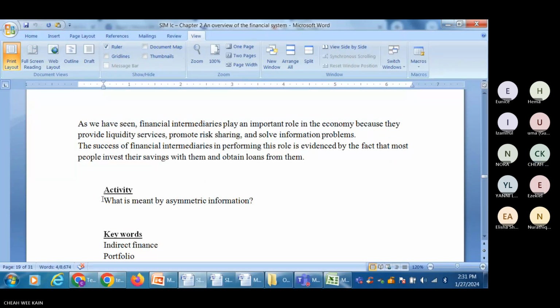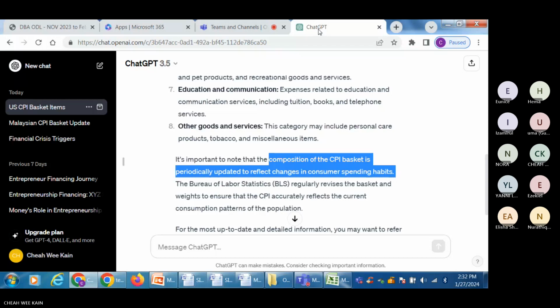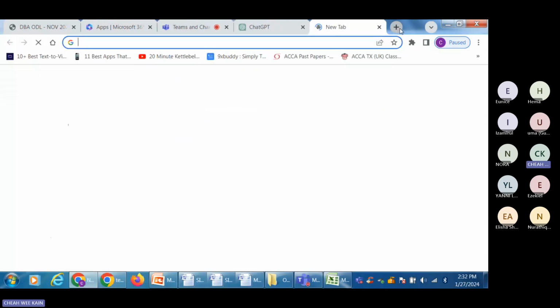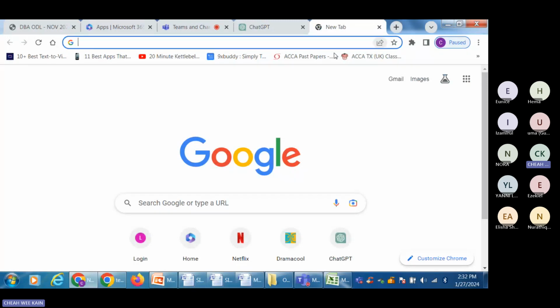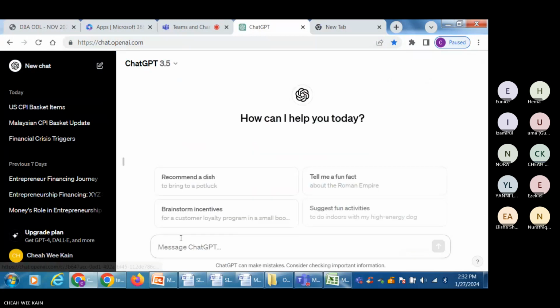Yes. Now, what do you mean by asymmetric information? It's simple. You all know how to use ChatGPT. Just open an account. Just search for ChatGPT on Google, open an account using a Gmail, and you can start to use it already. Always do a new chat, right?